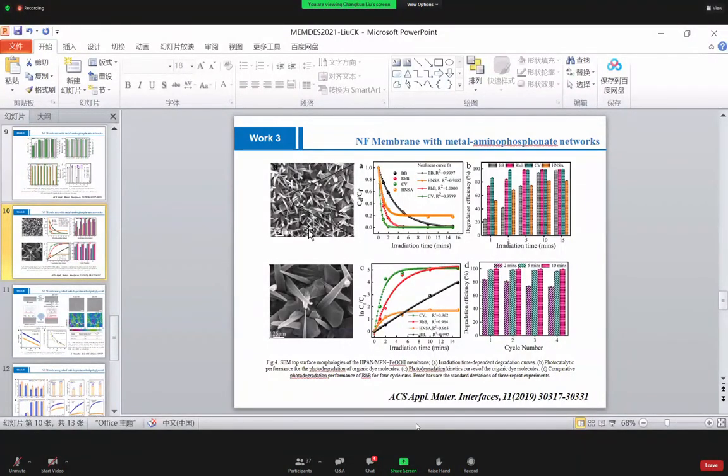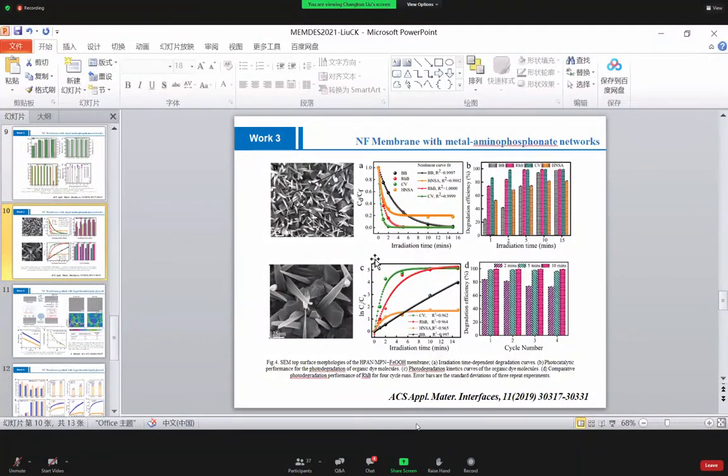This kind of material has catalytic performance, because it can degrade dyes at very fast speeds and with a very high degradation efficiency. We also carried out repeated use of these membranes, and during 4 cycles of the degradation experiments, after 10 minutes, the degradation efficiency all reached nearly 100%, showing a good catalytic performance.